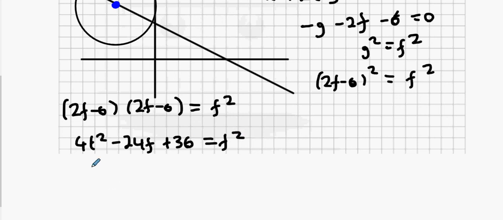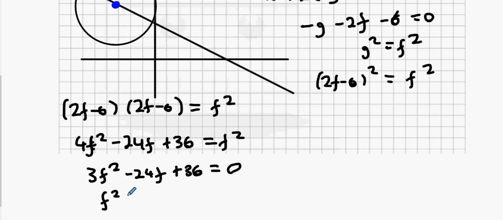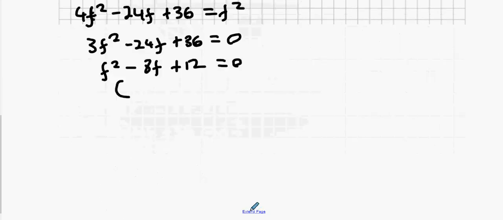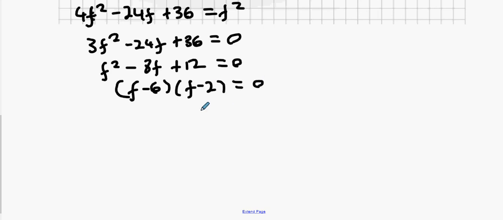Bring it over, and I'm going to get 3f squared minus 24f plus 36 equals 0. Then f squared minus 8f plus 12 equals 0. Then f minus 6, f minus 2 equals 0, f equals 2, and f equals 6, right?